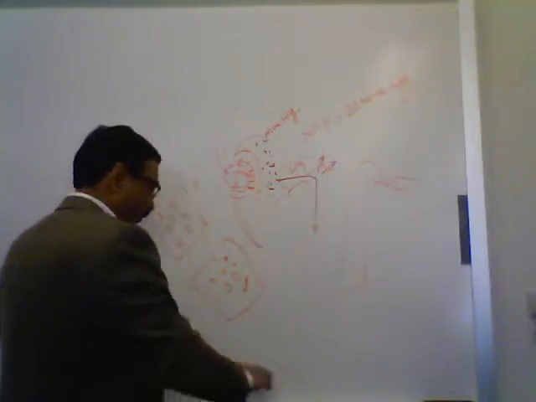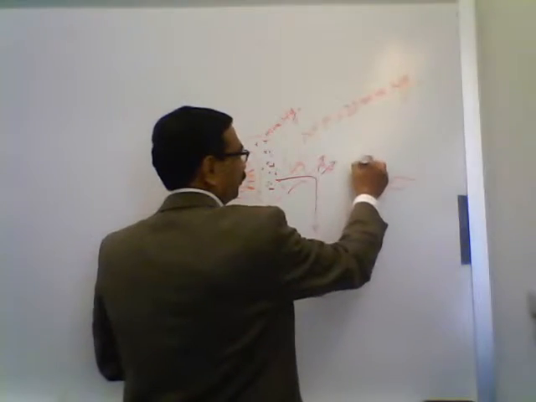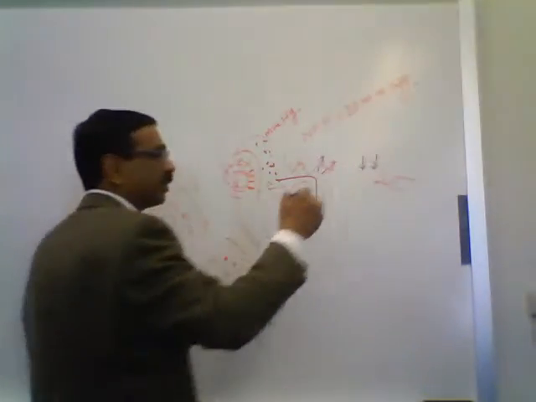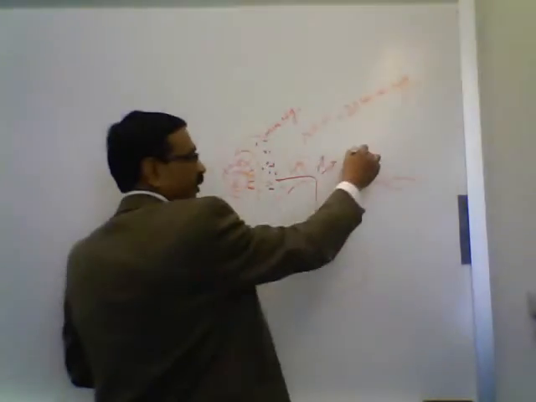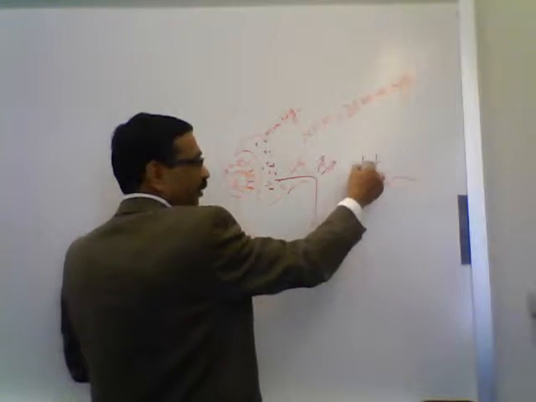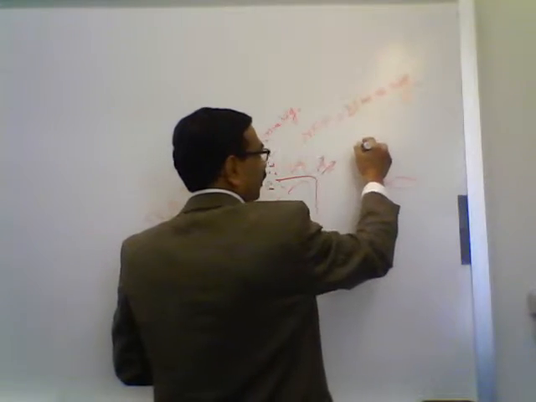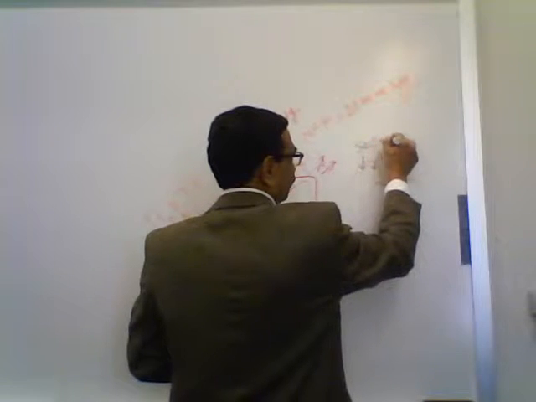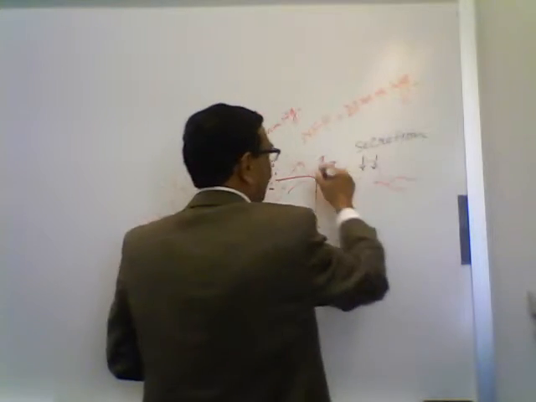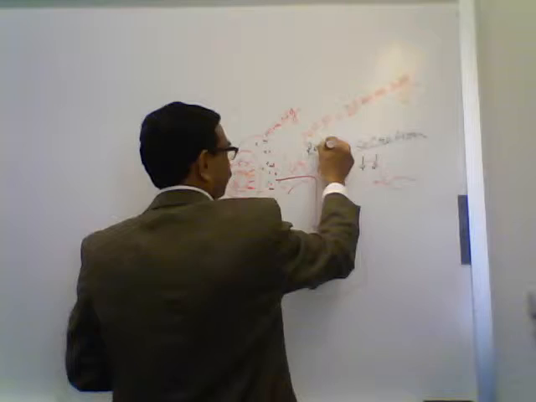And secretion occurs. Secretion is just opposite of reabsorption. That means entering into the nephron, getting out from the body. Okay, so this is secretion and this is reabsorption.